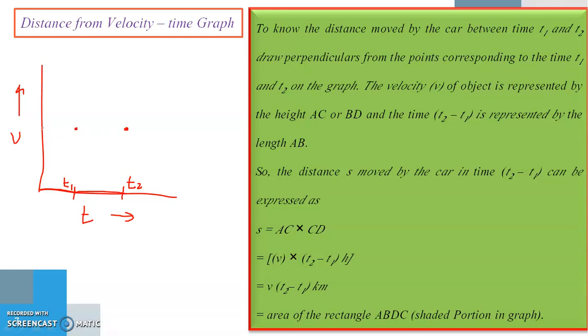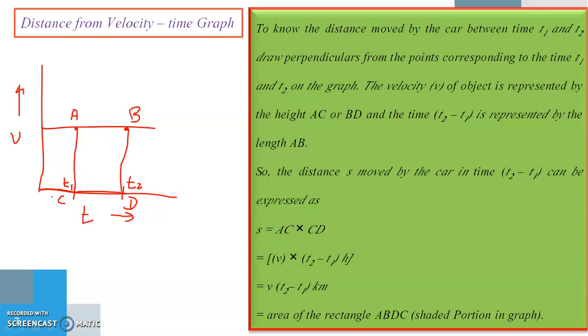Now we will join this graph, and let this point be point A and this point B, this is your point C and this is your point D. Here we will draw this and this.